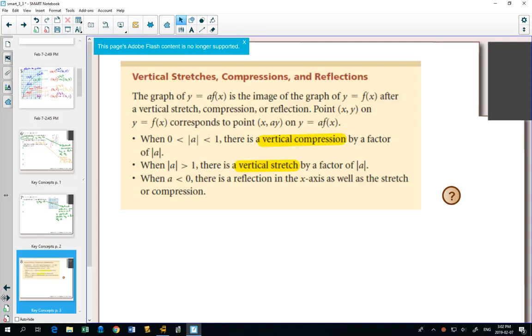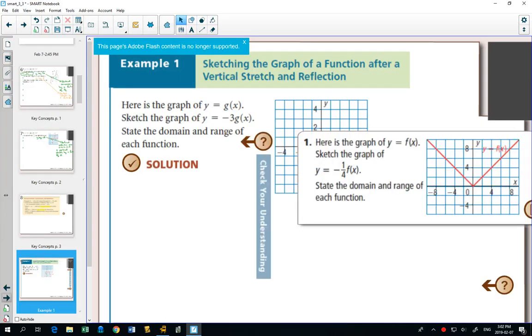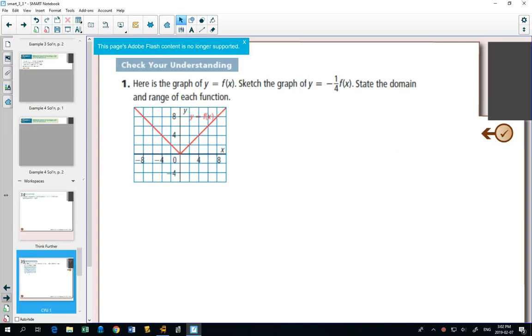So we're going to look at our first example. Here's the graph of y equals f of x. We want to sketch the graph of y equals -1/4 f of x. Because it uses lots of words, we're going to label that this is a vertical reflection.